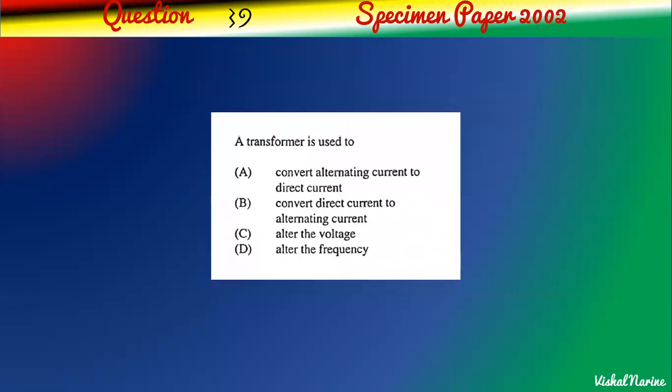Question 39. What is a transformer used to do? Is it used to convert AC to DC, DC to AC, alter the voltage, or alter the frequency? Alter meaning to change.